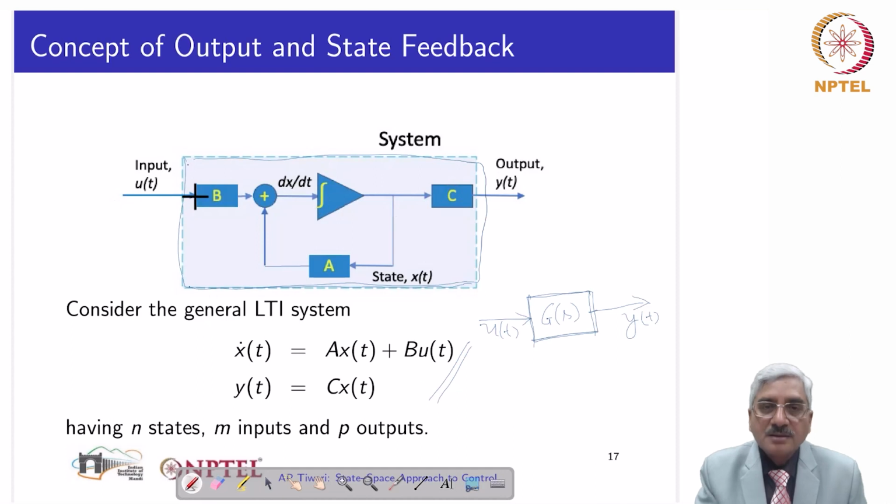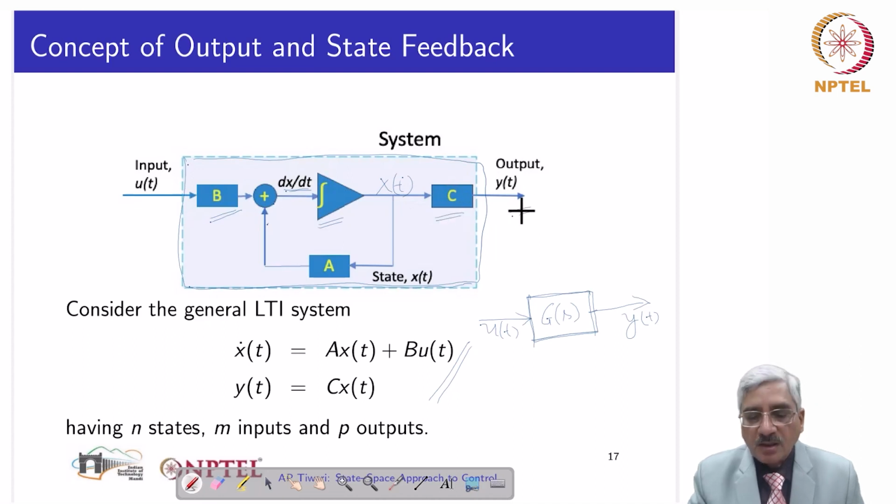The input enters, multiplied by B, enters this adder, and to that adder the state of the system x(t) multiplied by A enters. The sum of these two makes dx/dt, and integrated, that gives x, the state. The state multiplied by C gives the output.